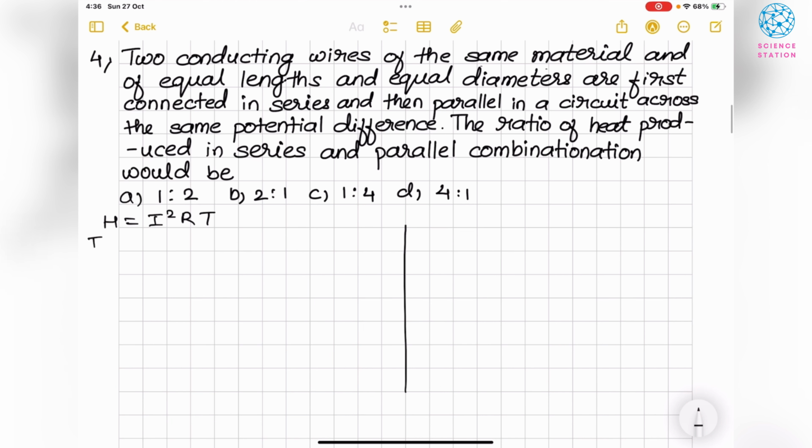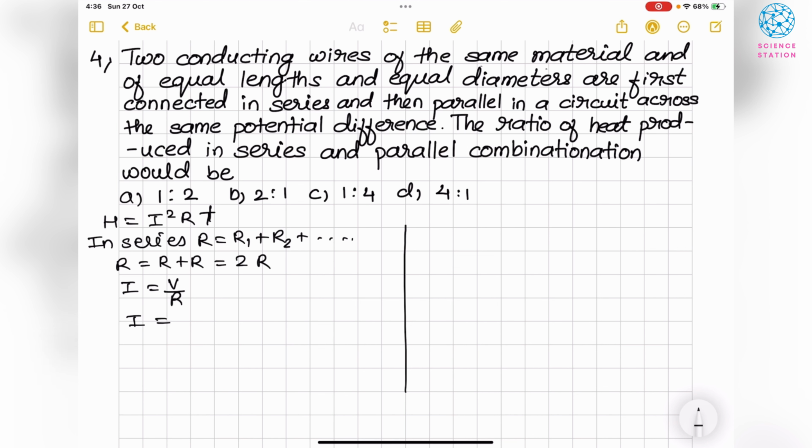So in series, R will be equal to R1 plus R2 and so on. So here R equal to R plus R, so that will be equal to 2R. So I will be equal to V upon R, so I will be equal to V upon 2R.